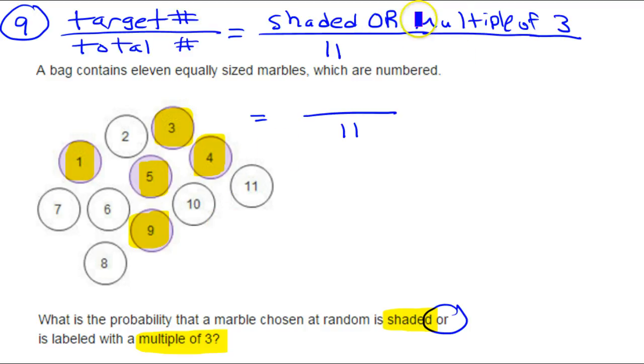All right, 6 is a multiple of 3. 10, 11, 2, 7, 8. Nope, that's it. So we just count up how many are in the target group. Turns out 1, 2, 3, 4, 5, 6. There are 6 marbles that are either shaded or a multiple of 3. So 6 out of 11, common sense.